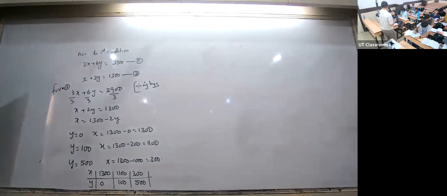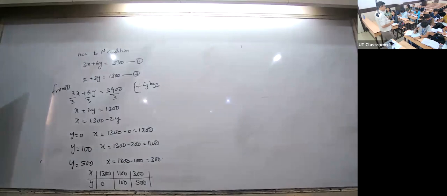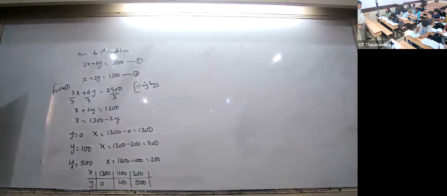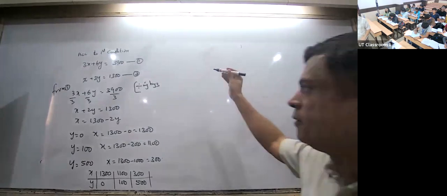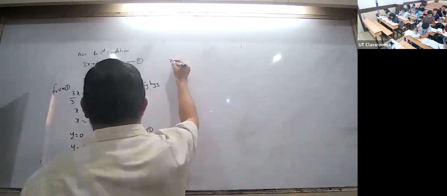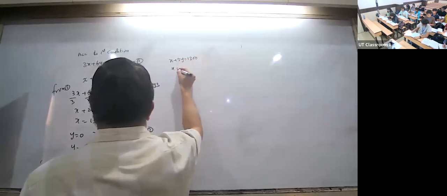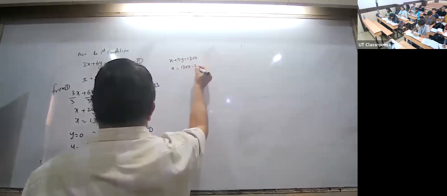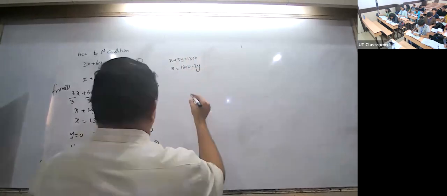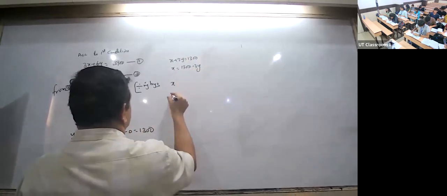Did you get the second table? Make a big second table also, got it? Two tables are there. What is the second condition? x plus 3y is equal to 1300. Therefore, x equal to 1300 minus 3y. So put the value and directly make x, y.